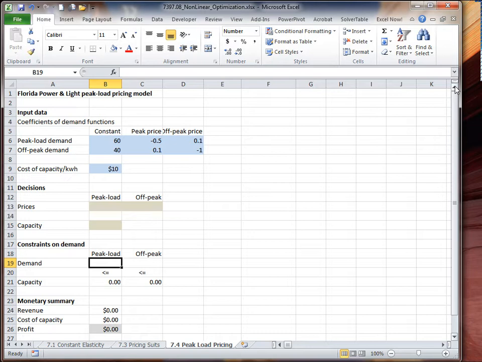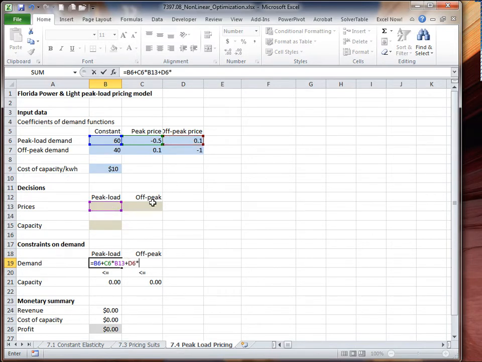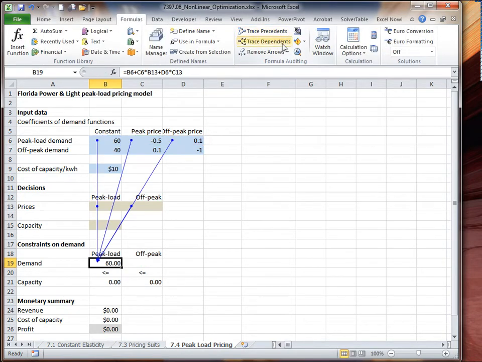So for peak load, demand is going to be equal to this constant plus the peak price times the peak price coefficient plus the off-peak price times its coefficient.